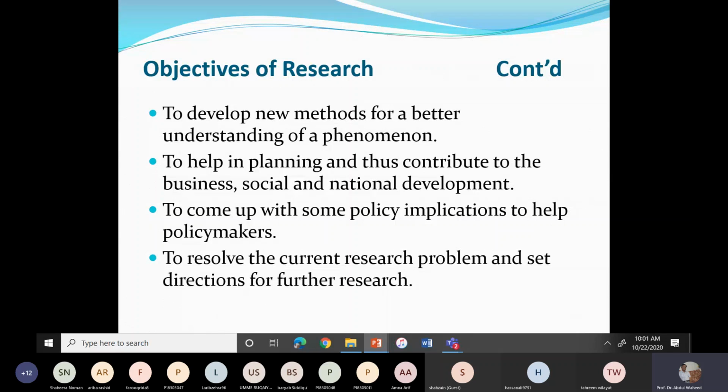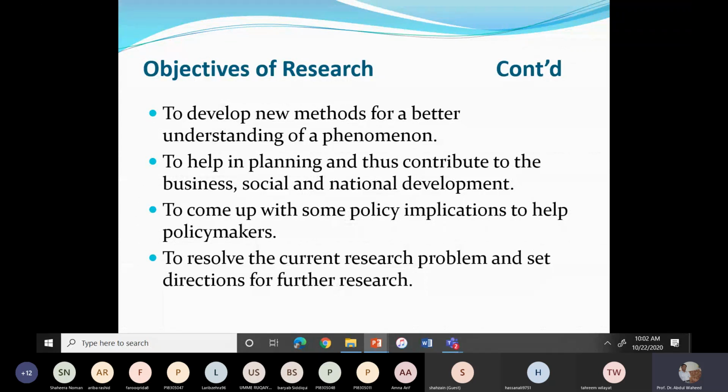For example, one researcher is using simple regression analysis. Someone is testing the co-integration. Someone is testing the error using error correction model. Someone is testing the causality. So there are different methods that are used in research to extend our knowledge. And this will also help in planning and contribute to the business, social, and national development.